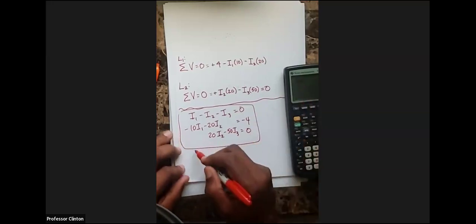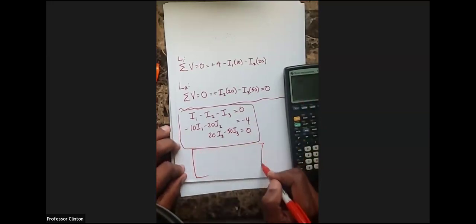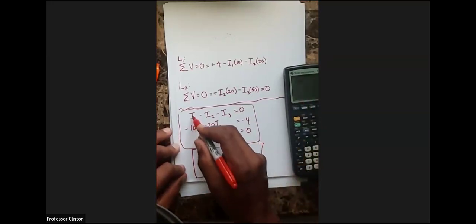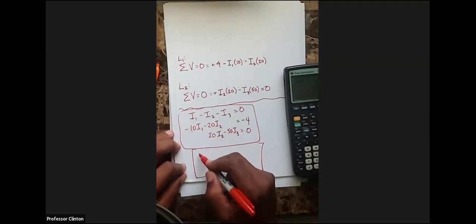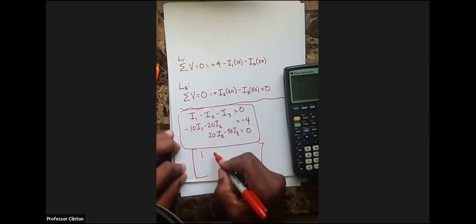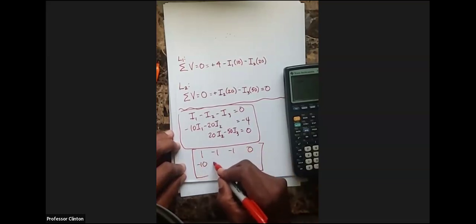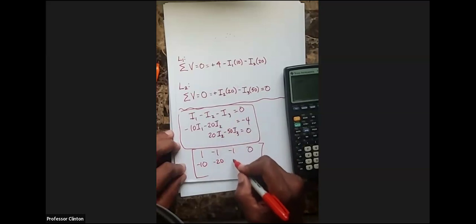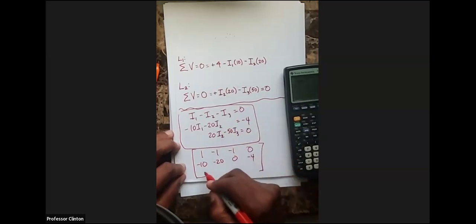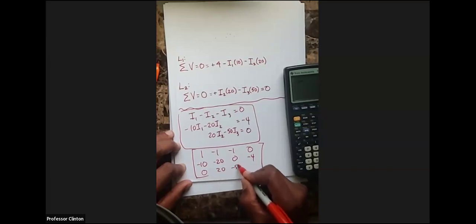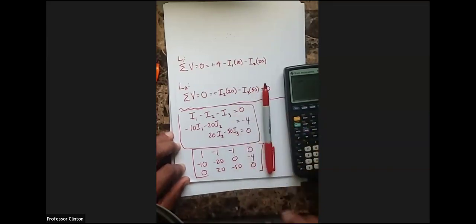We're essentially going to put this where we pick off the coefficients. So we'll have 1, -1, -1, 0, -10, -20. There's 0 here, and -4 for that row, that column, 0, 20, -50, and 0.